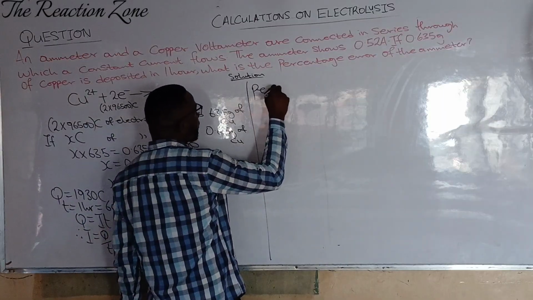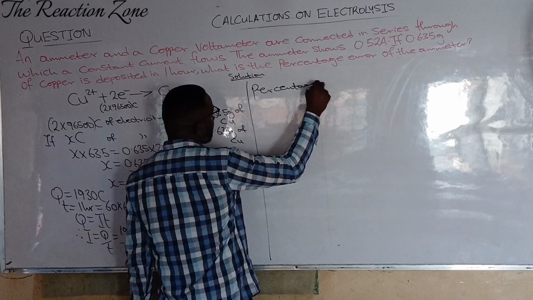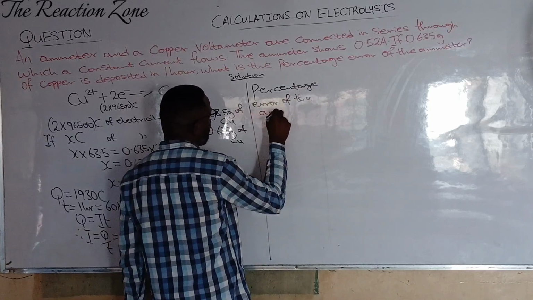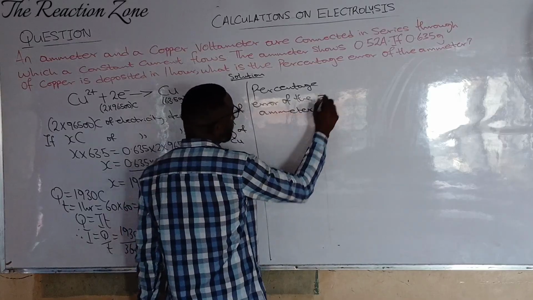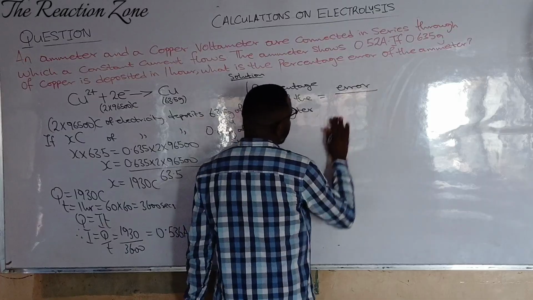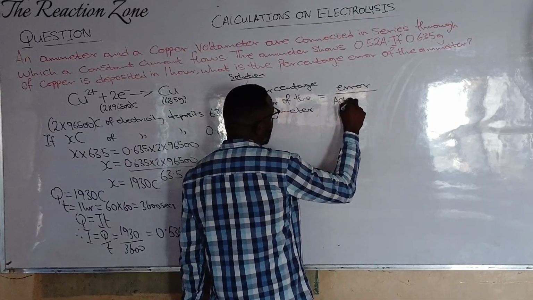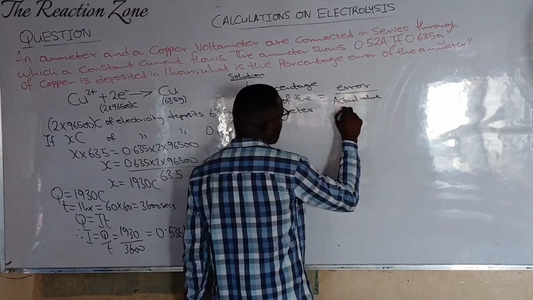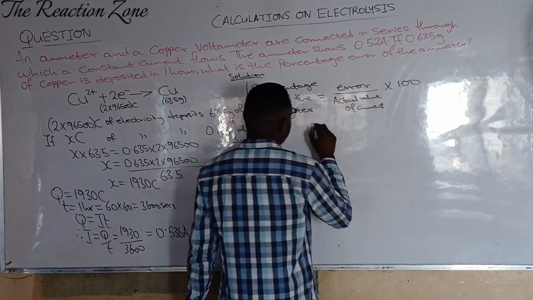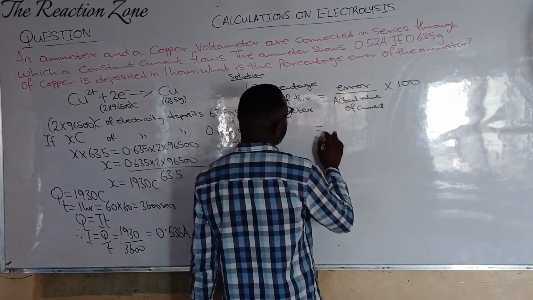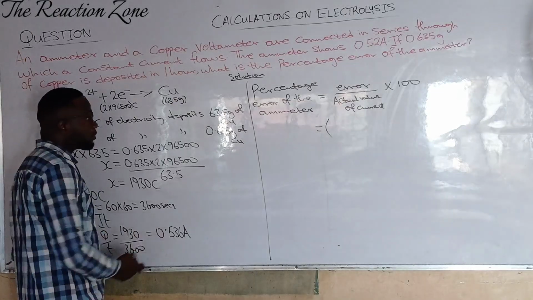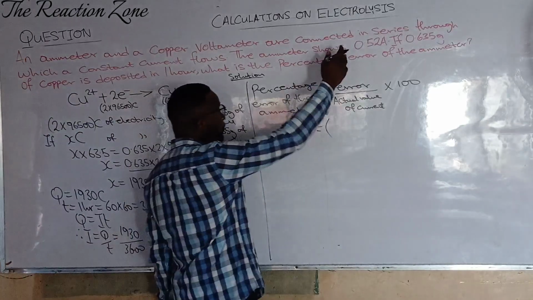The percentage error of the ammeter is simply going to become the error divided by the actual value of current multiplied by 100. And to get the error, it is going to be the actual value of current minus the reading from the ammeter.